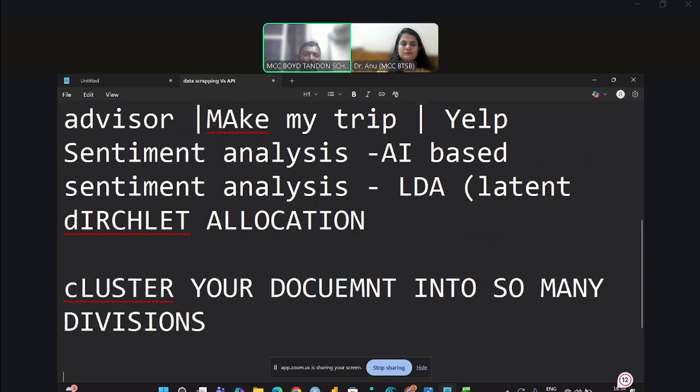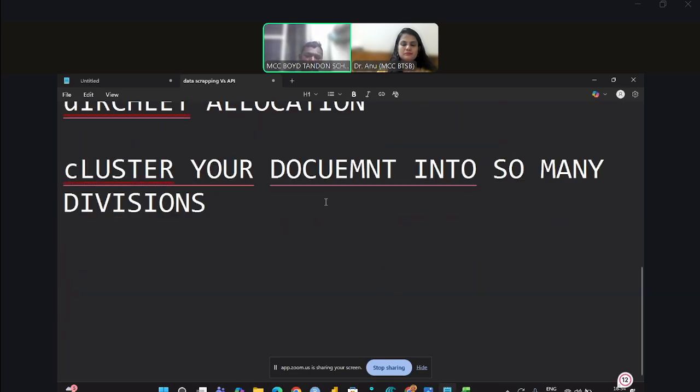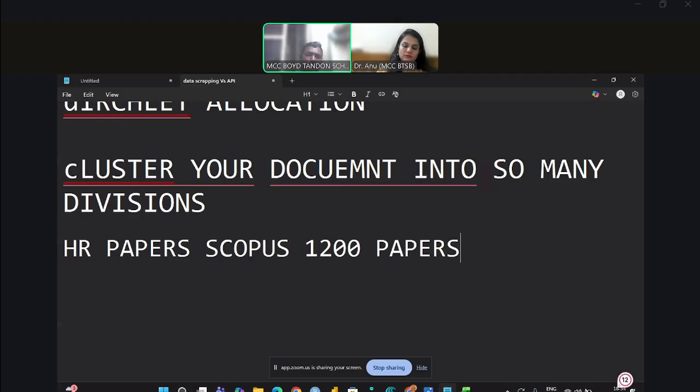For example, imagine what department you belong to, madam. Management, sir. HR, Human Resource Management, very good, ma'am. So imagine you are collecting some HR papers from Scopus. Imagine you are collecting some 1,200 papers. Based on the abstract, Python will read all the 1,200 papers, and it will cluster them into four.